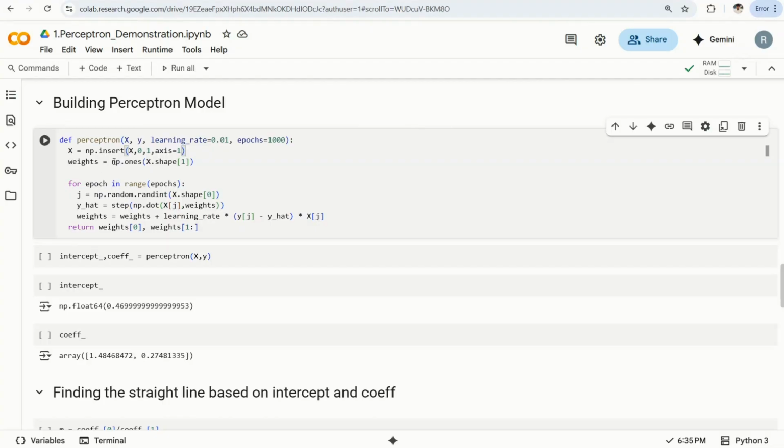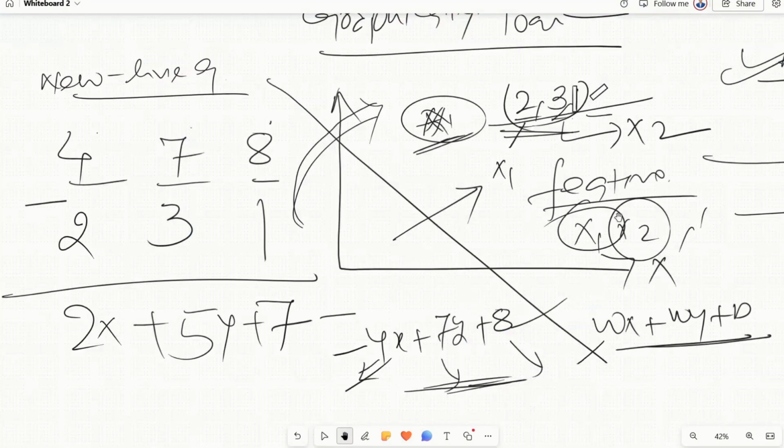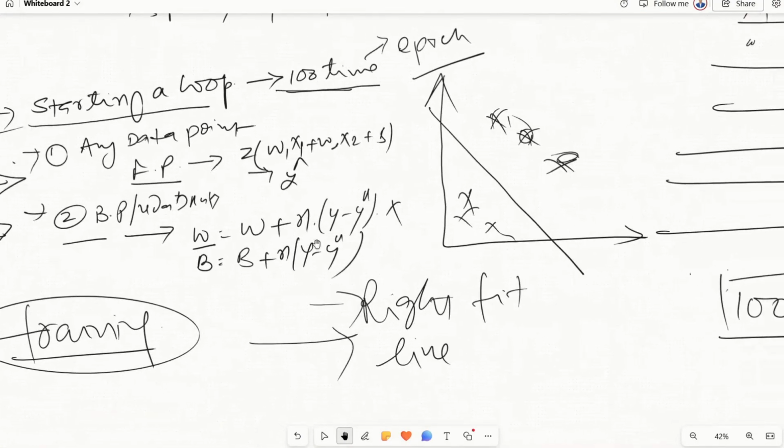Now here I'm taking some weights. We know that we have to initialize some weights when we start the perceptron, right?